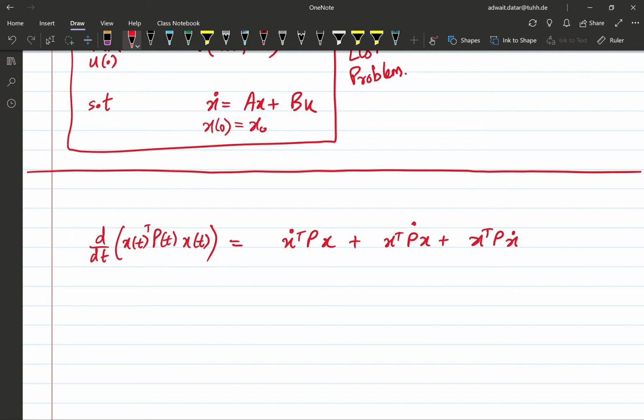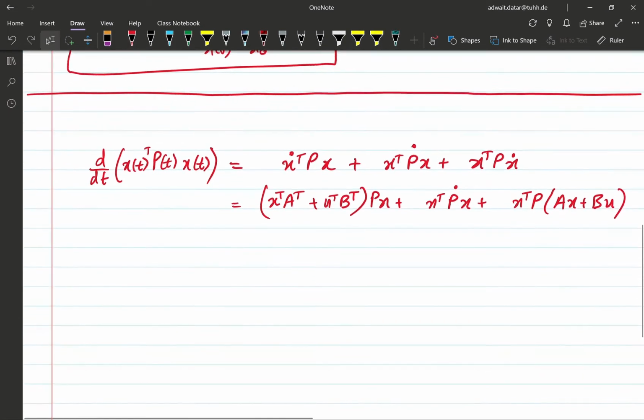Now we can substitute the dynamics here and get x transpose A transpose plus u transposed B transposed Px plus x transpose P dot x as it is, and x transpose P (Ax plus Bu).